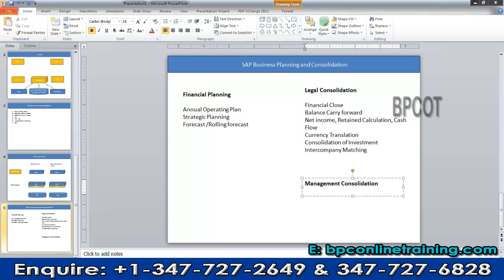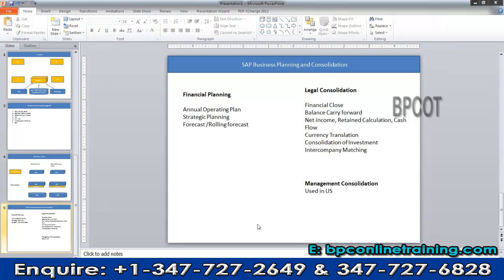So there is no legal requirement. It is just to complete your segmental consolidation or profit center consolidation. So it is used in the US. Nowadays, even in India, people are using management consolidation.